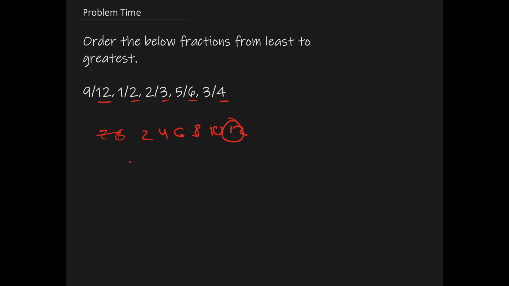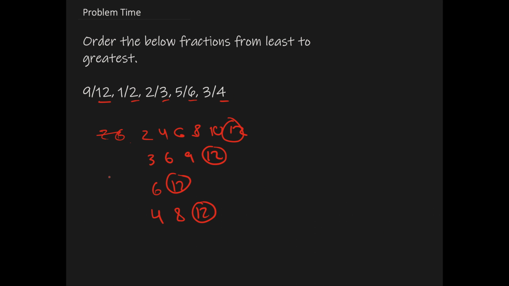Now let's do 3. 3, 6, 9, 12. Now let's do 6. 6, 12. That was quick. Then 4. 4, 8, 12. So it looks like 12 is a multiple of all these numbers. So we have the right common denominator of 12.